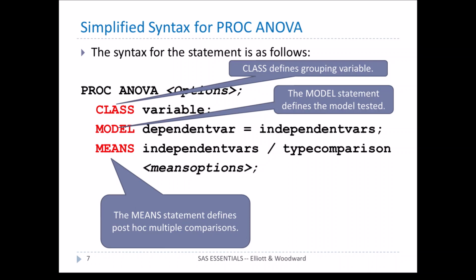A class variable is typically what we call a classification variable or a grouping variable, like 1, 2, 3, or A, B, C. The model statement looks very similar to what we saw in PROC REG. It indicates a dependent variable and 1 or more independent variables. And the means statement is used to define some post hoc multiple comparisons. We'll see examples of these as we move along.